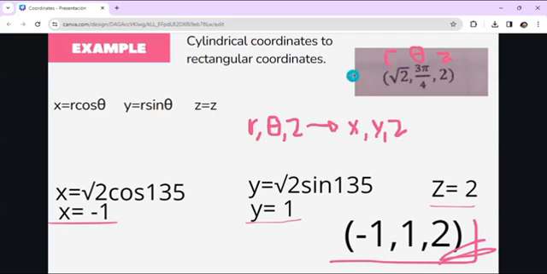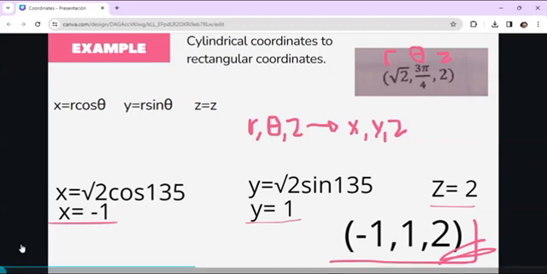I write in pink r, referring to the square root of 2, theta is the same as 3/4 of pi, and c is equal to 2. So knowing all these things, we can resolve our cylindrical and rectangular coordinates.